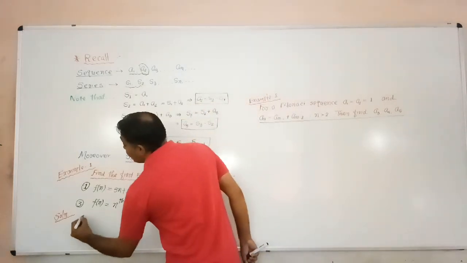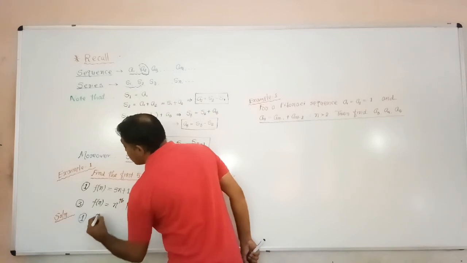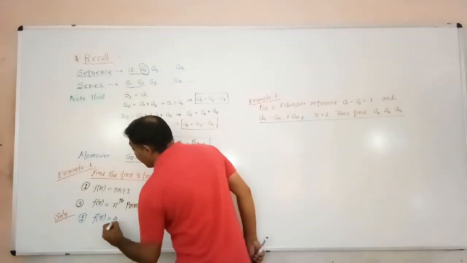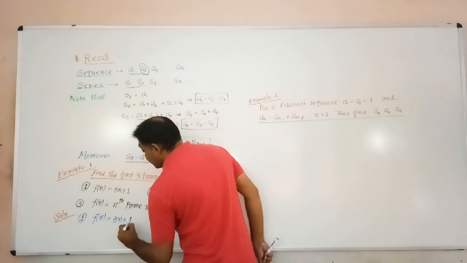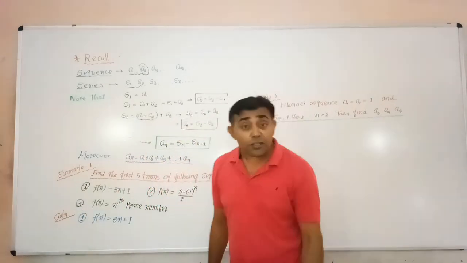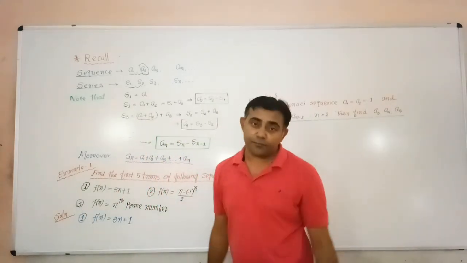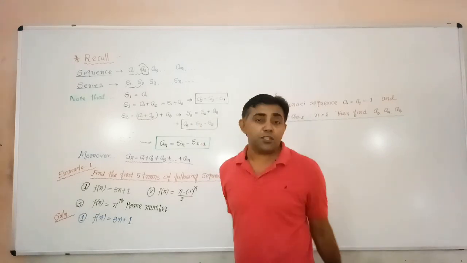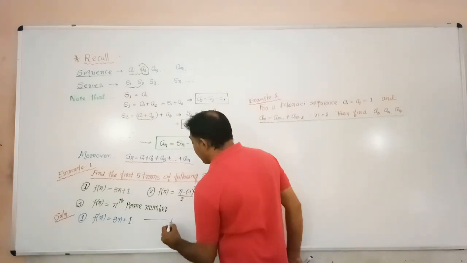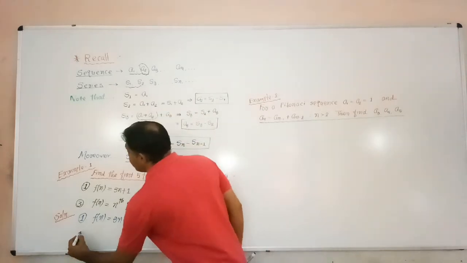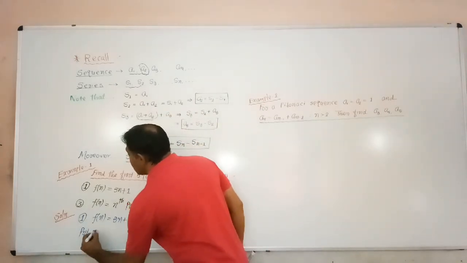Let us see how to solve the first sequence. The first sequence is fn equals 3n plus 1. If you need the first term, then put n equal to 1. If you need the second term, put n equals 2. So in equation 1, put n equals 1.